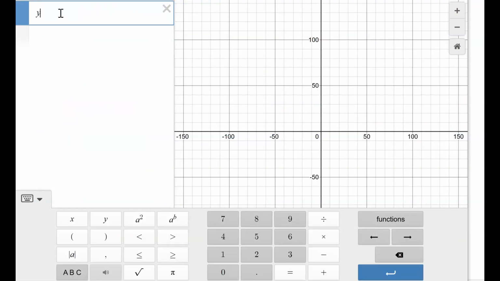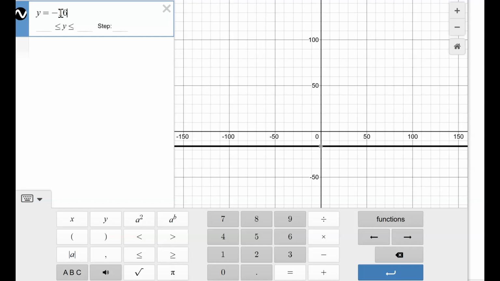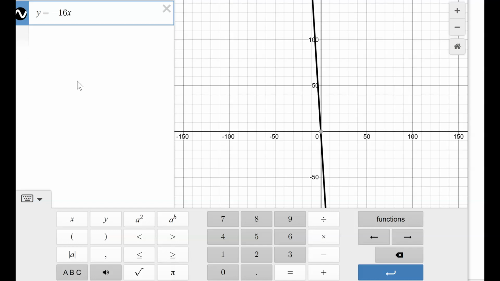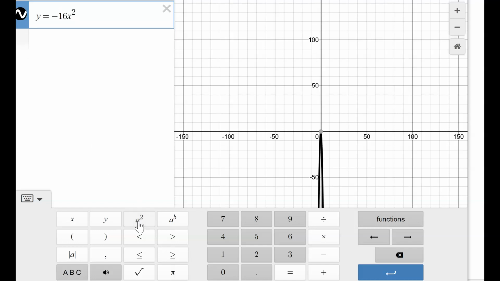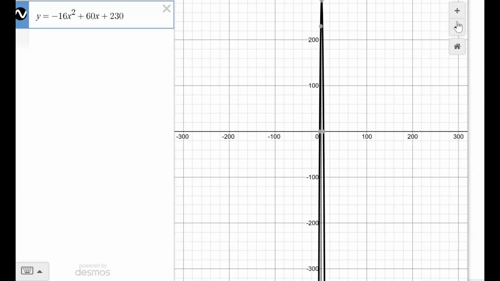I'm going to write y equals, instead of h of t, you're going to put y, because that's how Desmos likes this entered. So negative 16x squared plus 60x plus 230. So we've got a skinny parabola, and if we zoom out, you can see at the very top that tells us the vertex.